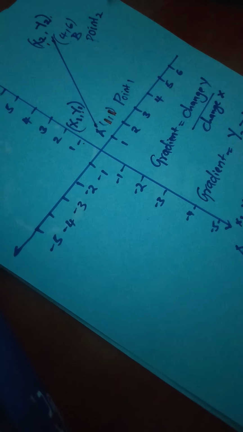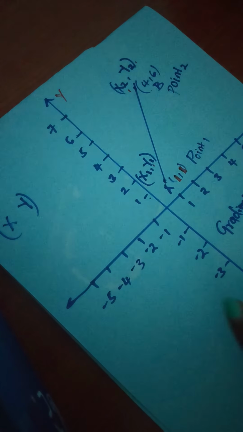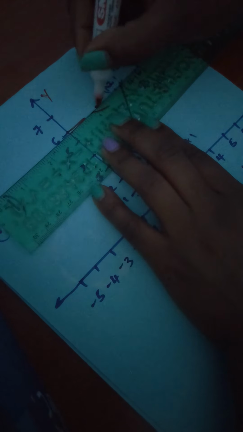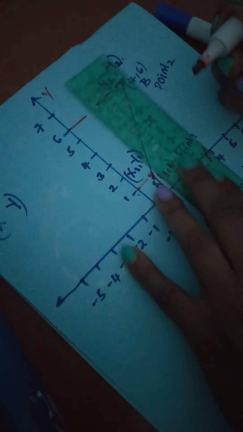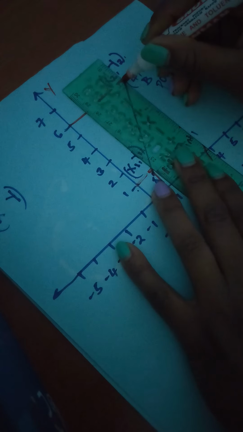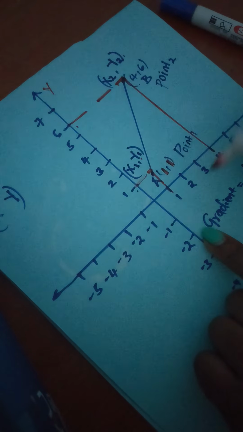The change we get from this: along the y-axis I'm moving from value 1 and going all the way to value 6 right there. And along the x-axis, I'm moving from value 1 and going all the way to value 4 right there. So this is a change, a transition.